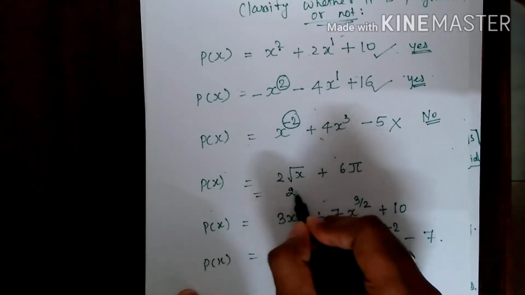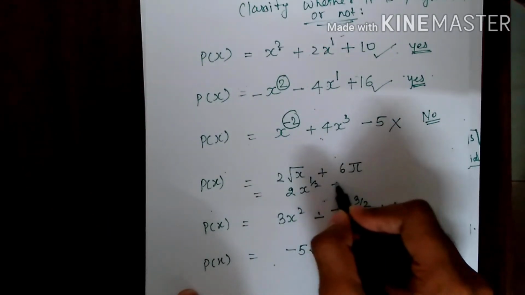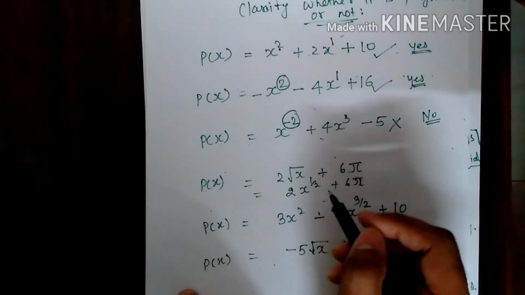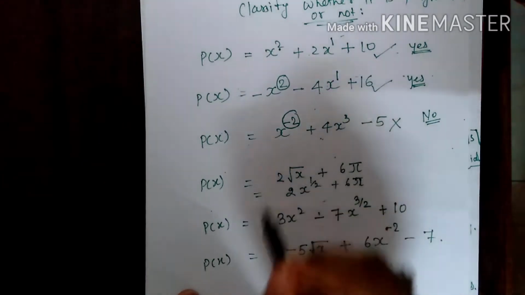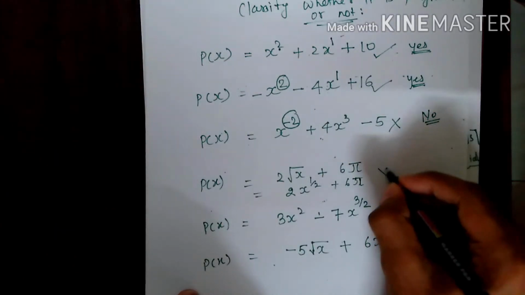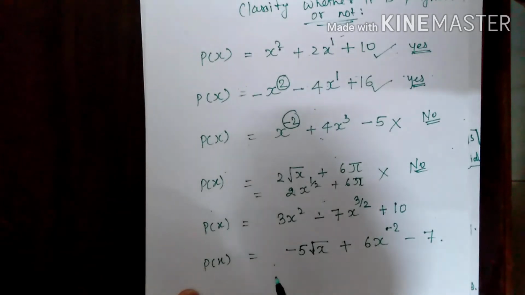Root x means what? x to the power half. Any power in p by q form, a rational number, then again it is not a polynomial. It should be a whole number only.